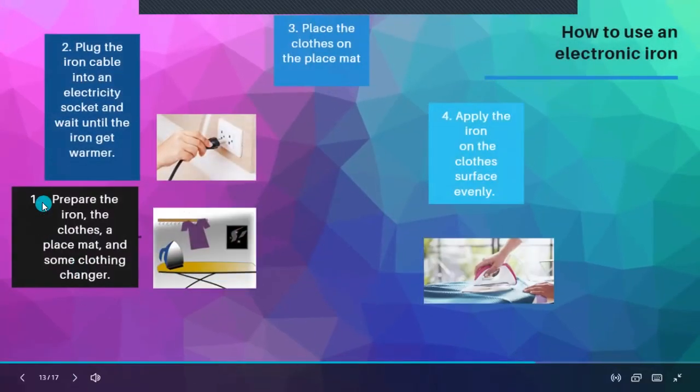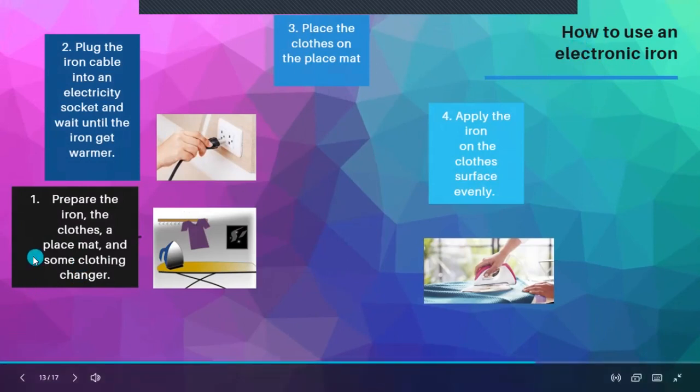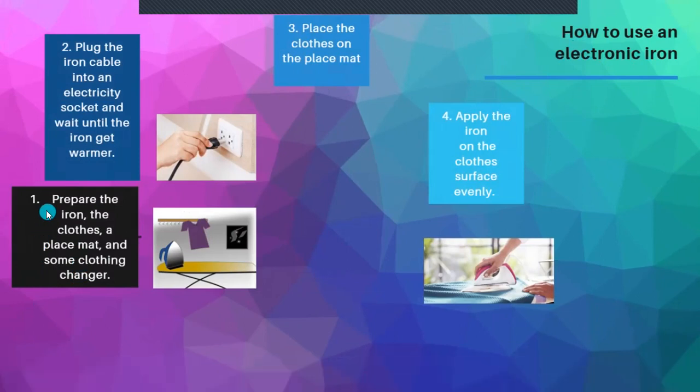Okay, this is the text. The title is How to Use an Electronic Iron. So this is the title. Do you still remember what the title belongs to in the generic structure? What is it called? I won't tell you, you need to do it.